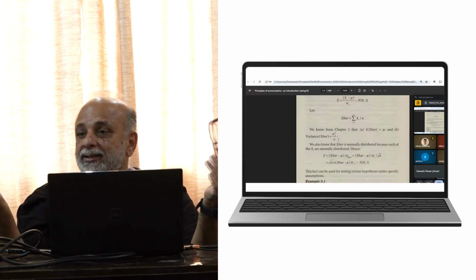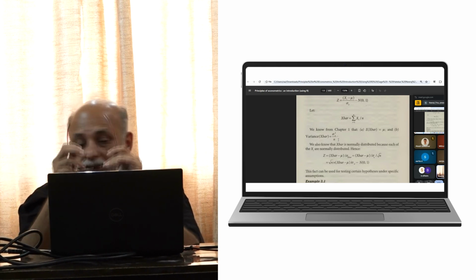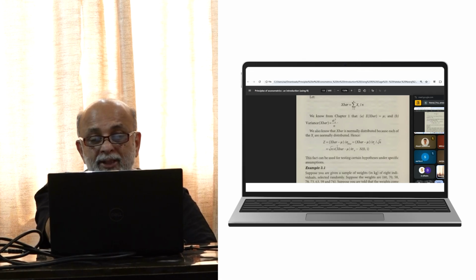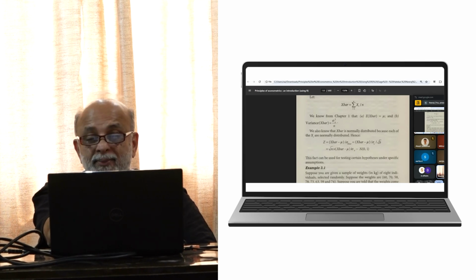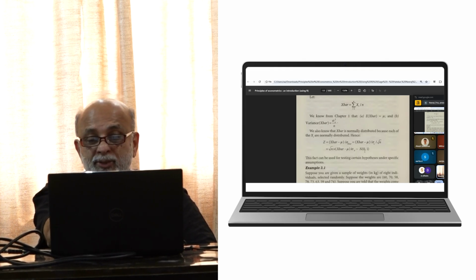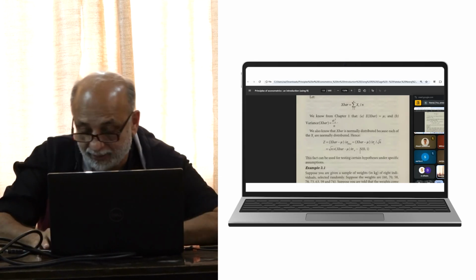Because the larger the data size, the more accurate is your estimator. Therefore, it must be true that (x bar minus mu) by (sigma by root n) is a standard normal variable. I can simply rewrite that, multiplying both sides by root n: root n into (x bar minus mu) upon sigma is a standard normal variable. Okay.